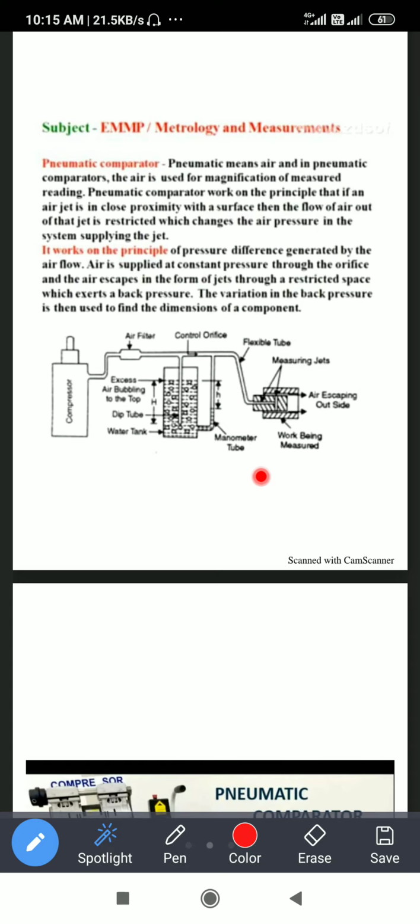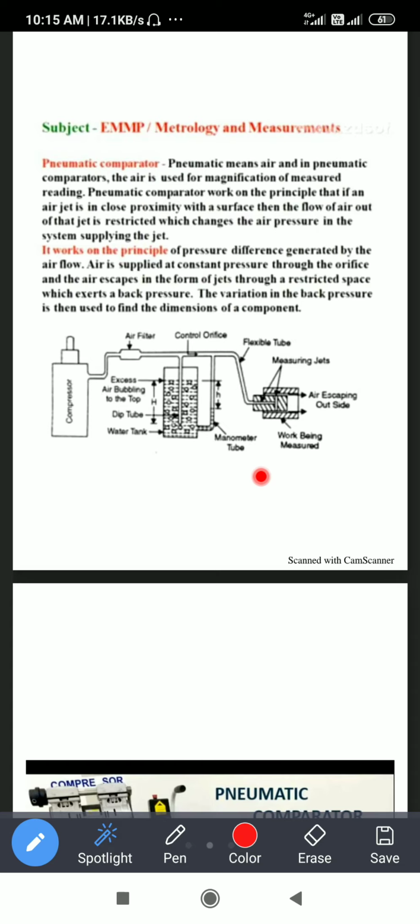When the air is stopped, it comes back in the reverse way in the same direction. The pressure generated when the air comes back is called back pressure. The variation in the back pressure is then used to find the dimension of the component.